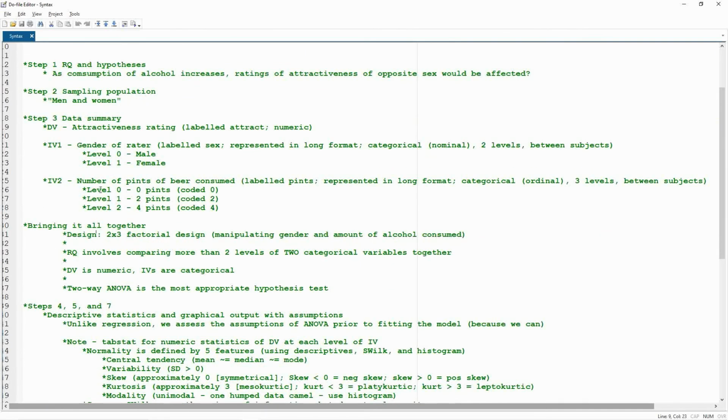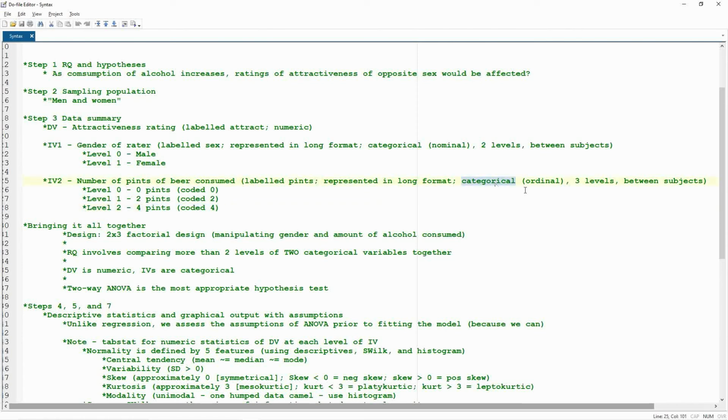IV number 2 is the number of pints of beer consumed. We're calling this pints in our dataset. It's represented in long format, so again we'll have a single column with 0, 2, and 4, representing whether or not they had 0 pints of beer, 2 pints of beer, or 4 pints of beer.